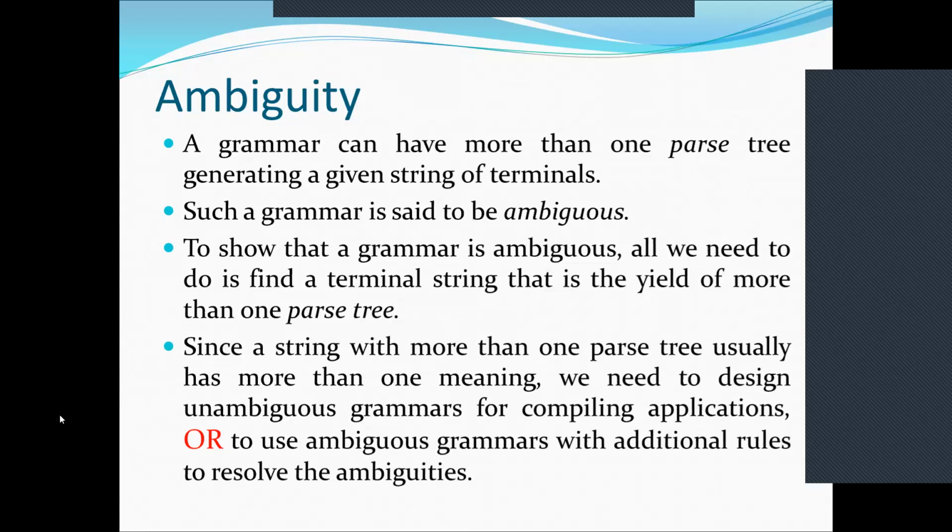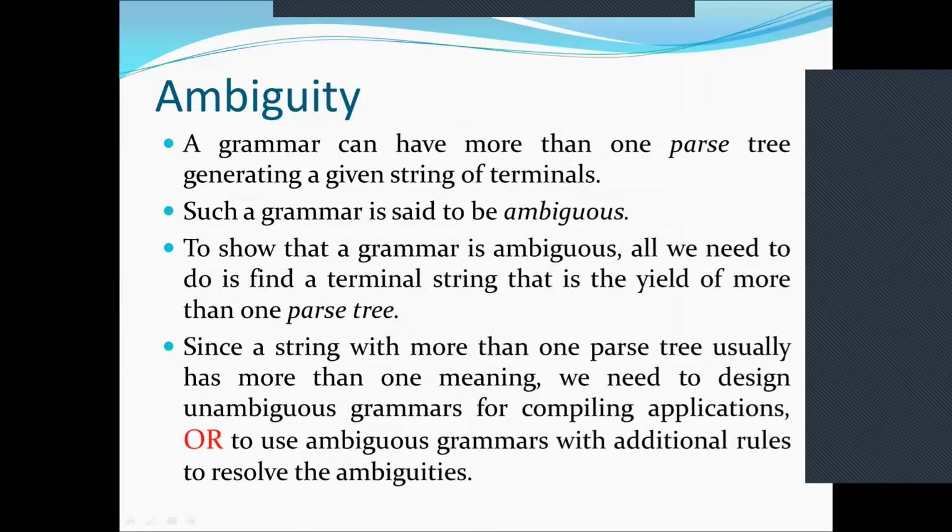So a grammar can have more than one parse tree generating a given string of terminals, and such a grammar is called ambiguous. Ambiguous means there is a conflict, something undesirable happened. To show that a grammar is ambiguous, all we need to do is find a terminal string that is the yield of more than one parse tree.